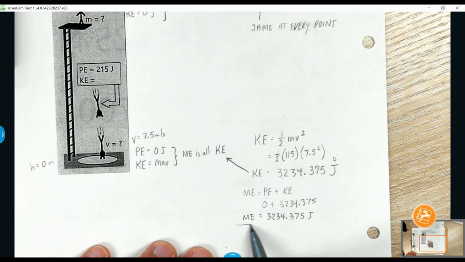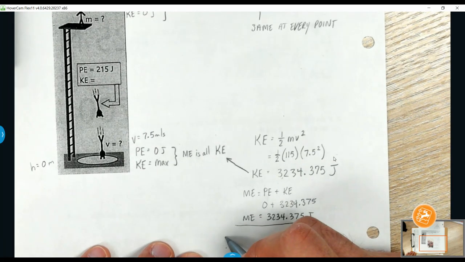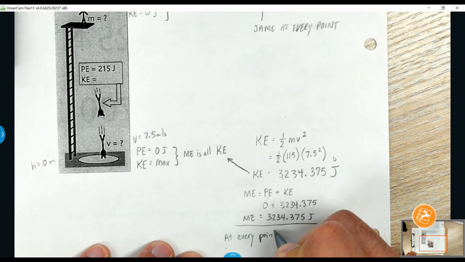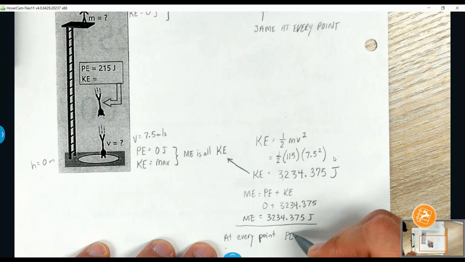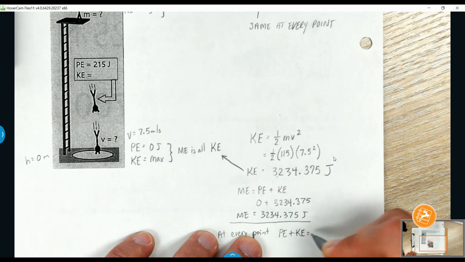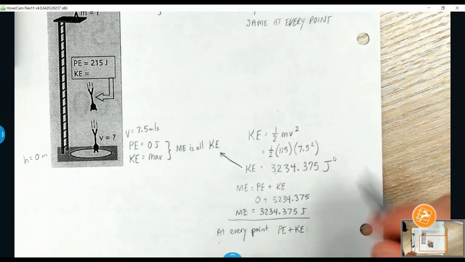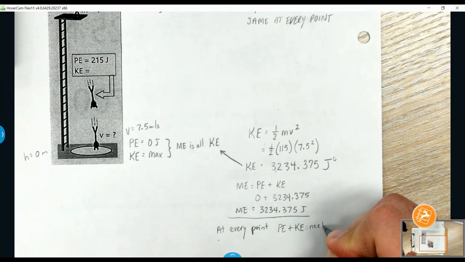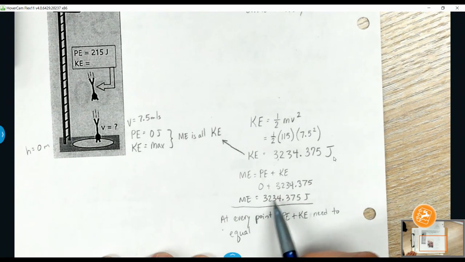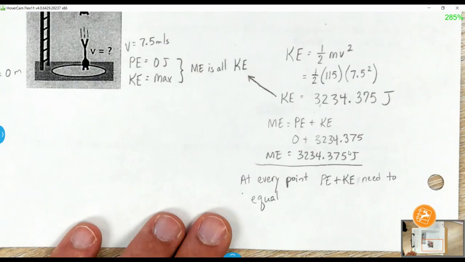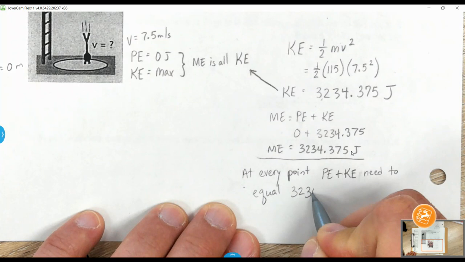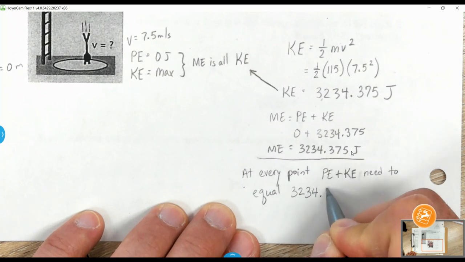So at every single point, PE plus KE need to equal that number there, 3234.375.